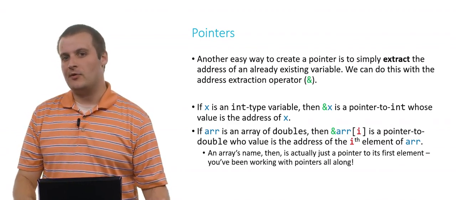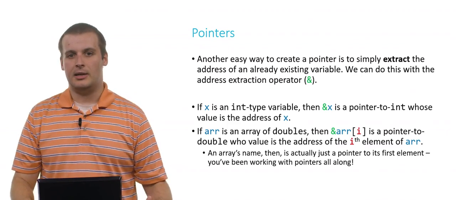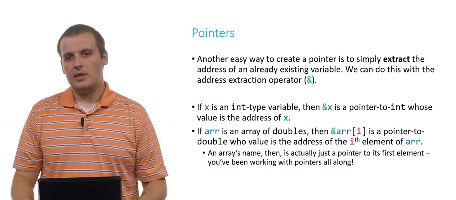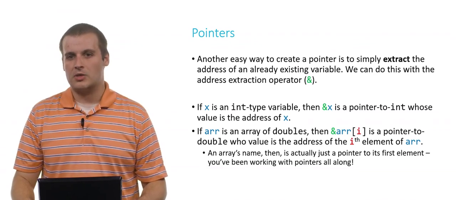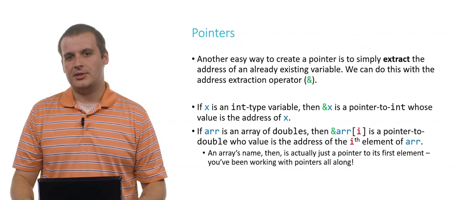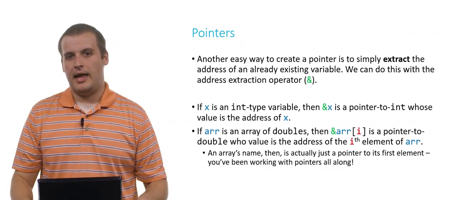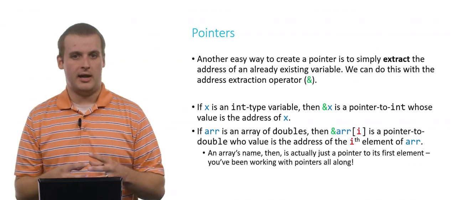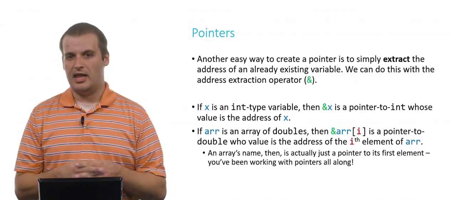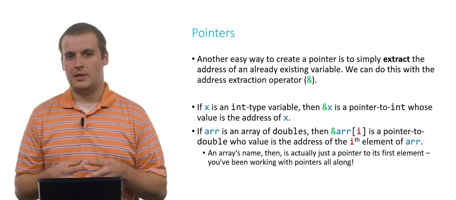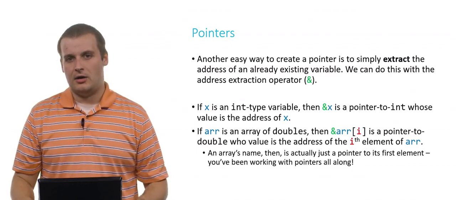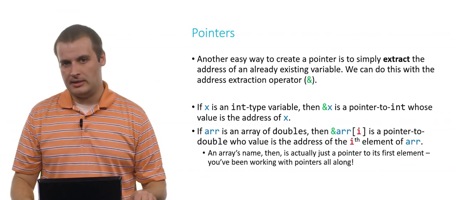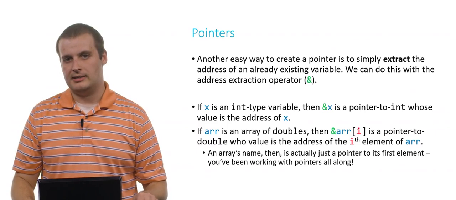Let's take this one step further and connect to something I alluded to in a prior video. If arr is an array of doubles, then &arr[i] is a pointer to a double. arr[i] is the ith element of that array, and &arr[i] is where in memory the ith element of arr exists.